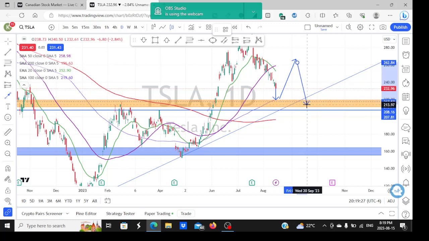can react to this level quite a few times before it gets down to about here maybe. There's something going on here.